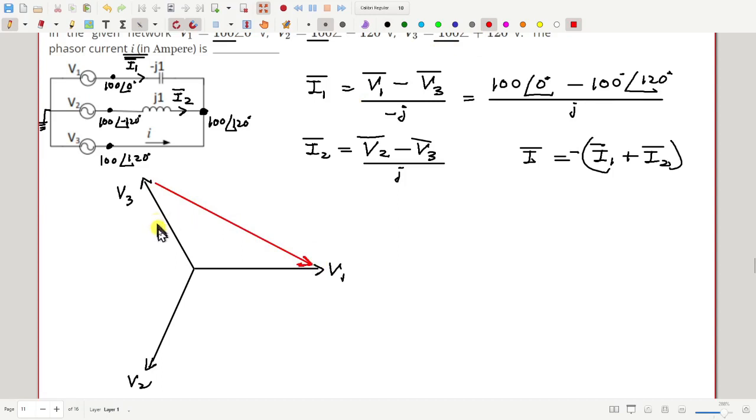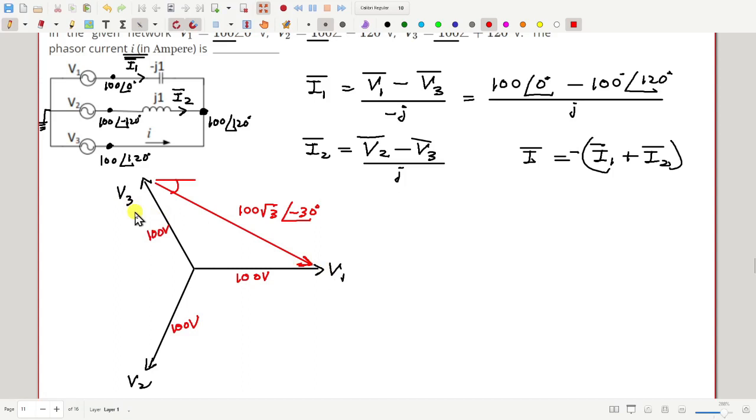The length of these phase voltages are all 100 volt each. So how much is this red voltage? We have studied today, 100 root 3. What is the phase angle of this voltage? It is minus 30 degree, because this is downwards. So this is V1 minus V3.